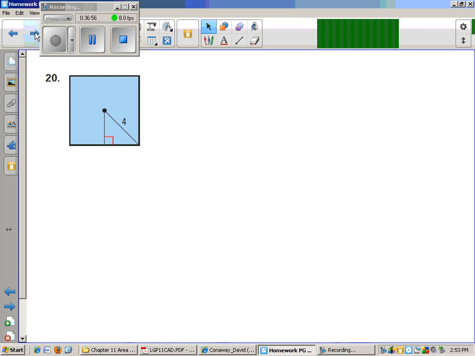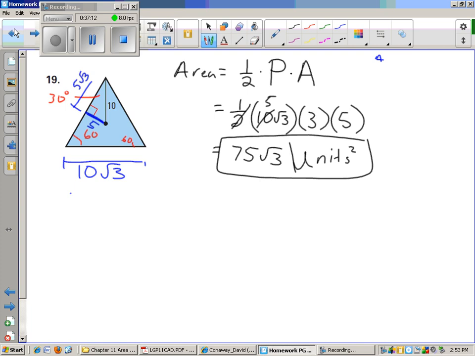Number 20 says find the perimeter and area of the regular polygon. On number 19, I just found the area and I didn't find the perimeter. So if I go back to number 19, I found that the area was 75 square roots of 3 units squared.